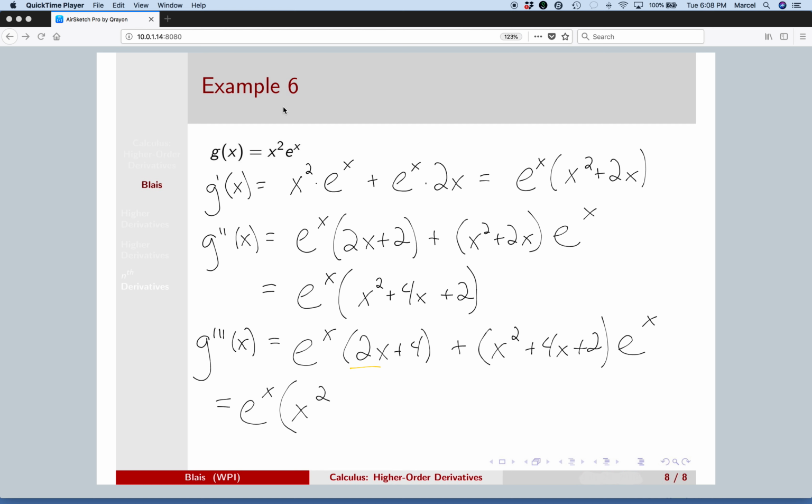We have 2x plus 4x is 6x, and then 4 plus 2 is 6. So we've leveled off in terms of how complicated things get. We're not going to get worse than this second order polynomial here. But it is an example that when you start doing higher derivatives, things can get complicated.